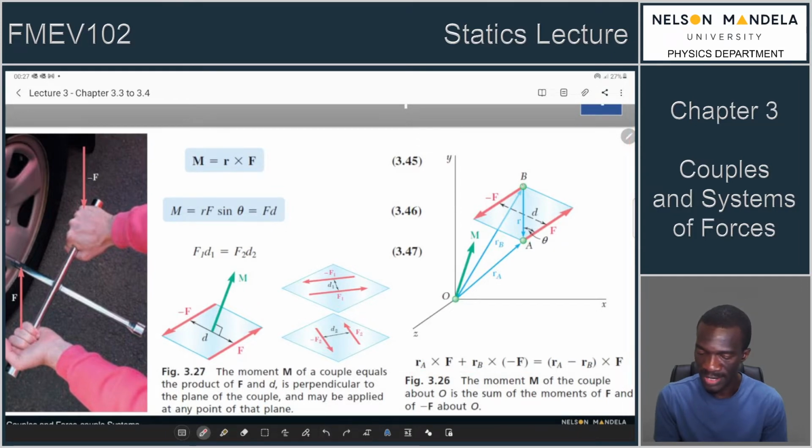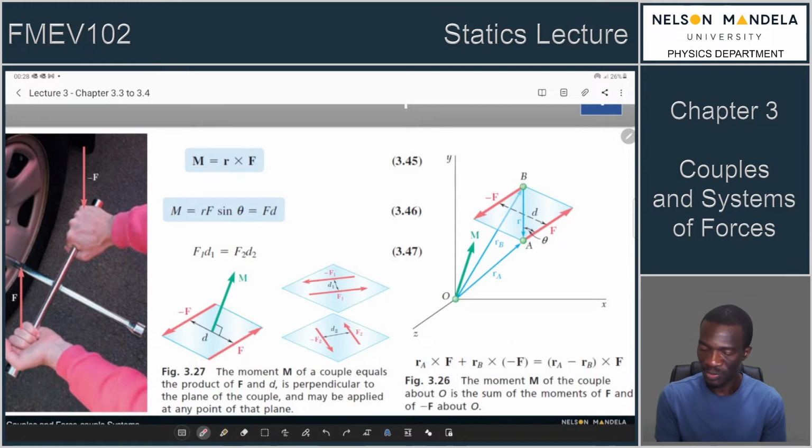It shows us that we can find the moment of the force F, which is at a position r_A from the origin. And then we add it to the moment of the force minus F, which is at a position r_B from the origin.